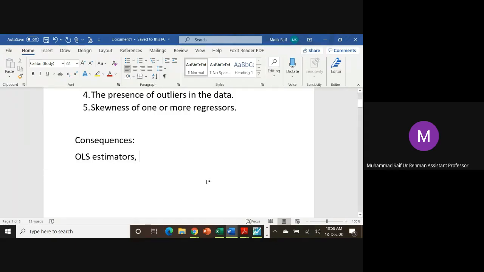In the presence of heteroscedasticity, the OLS estimators remain linear, unbiased, and consistent.